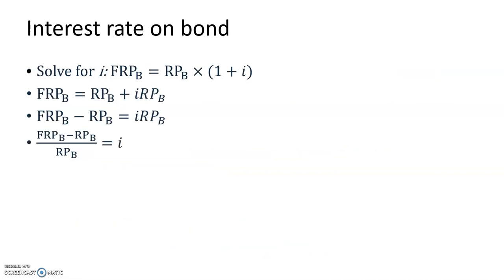Interest rate on bond. To solve for I, rearranging the future value equals present value times (1 + I) equation, you will end up with (FV minus PB) divided by PB equals I.